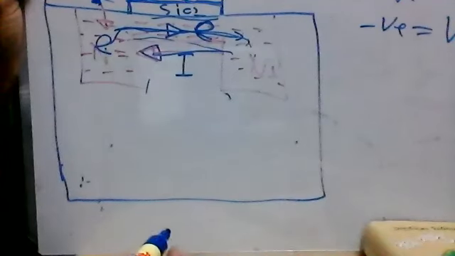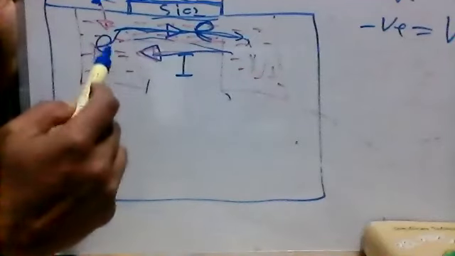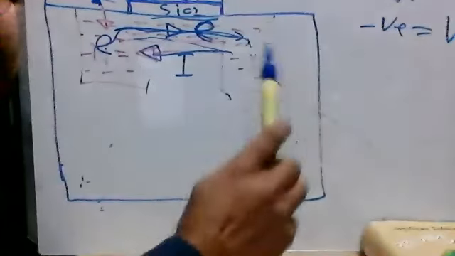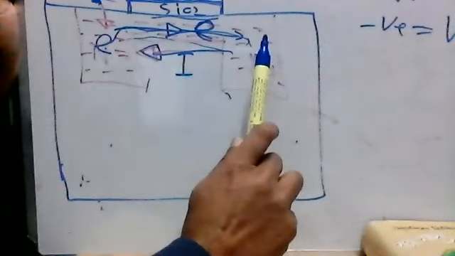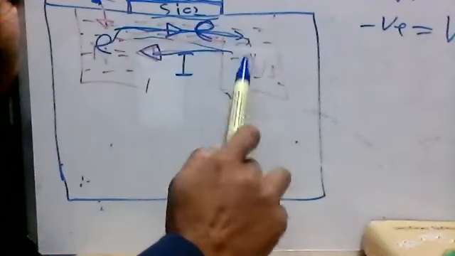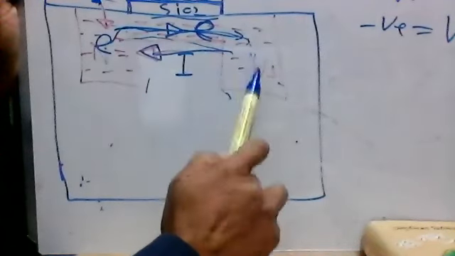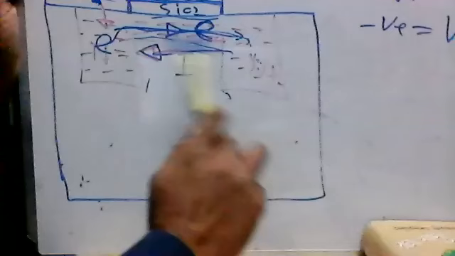The minority current was flowing in the opposite direction of the majority current, but here there is nothing like that, and there is only one kind of carrier, right? There is no hole anywhere in the channel, the source and the drain.